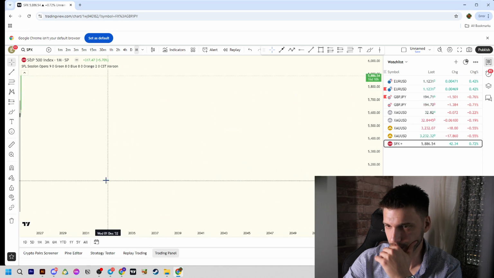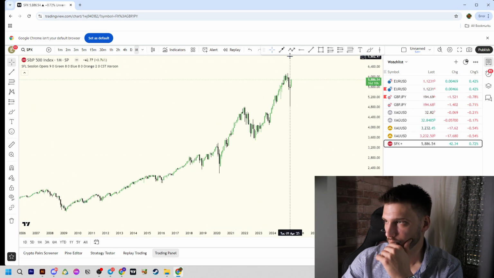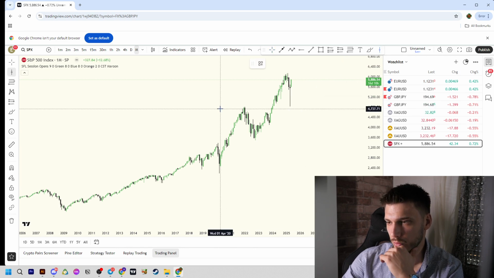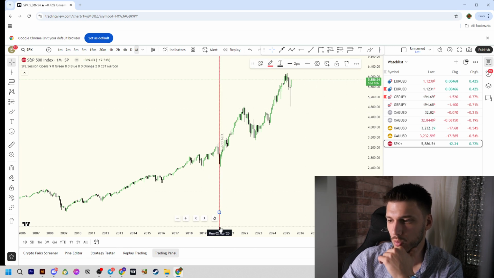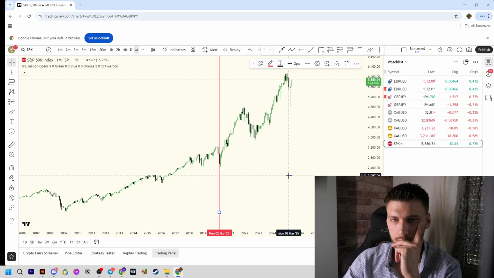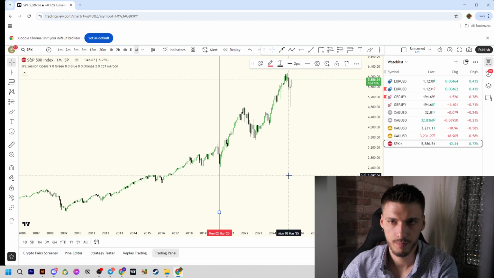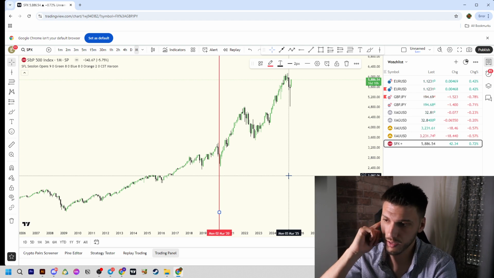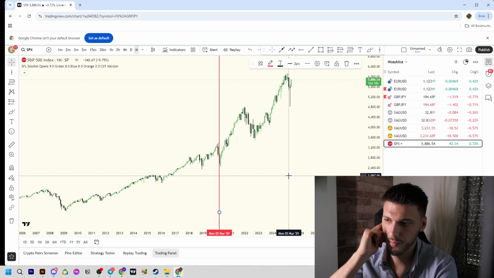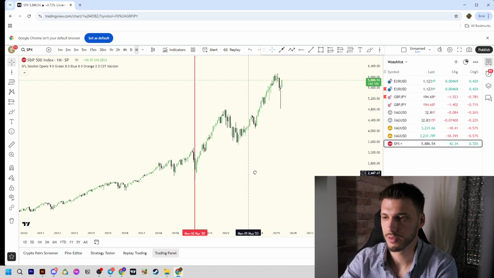Yeah. Check this out, guys. Look at this. This is going to blow your mind. March 2020. What was happening in March 2020? It was Corona, right? Everyone was in lockdown. Everything was going down. All the markets were going down. I wasn't even trading at this time. I didn't even know about trading at this time.